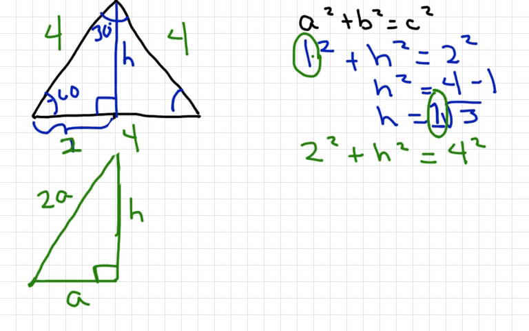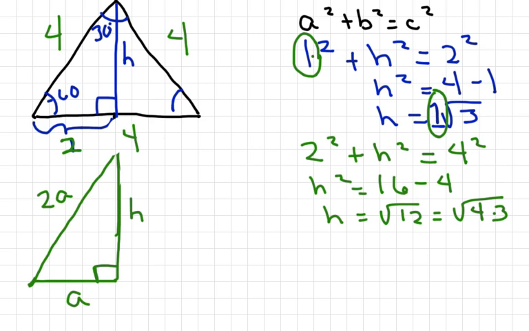Again, 4 is 2 times your A. Solve for h. Square root both sides. You can't leave it like that. So we know this is 4 times 3. Square root of 4 is 2, so we get 2 root 3.